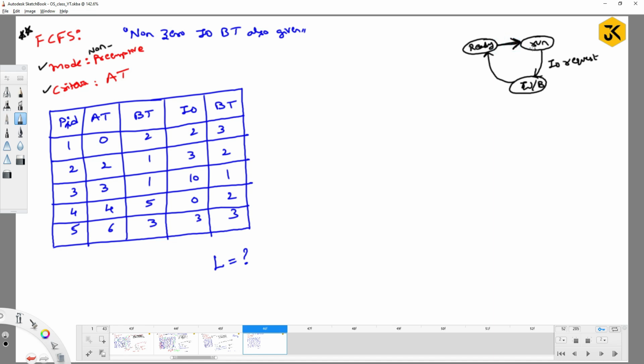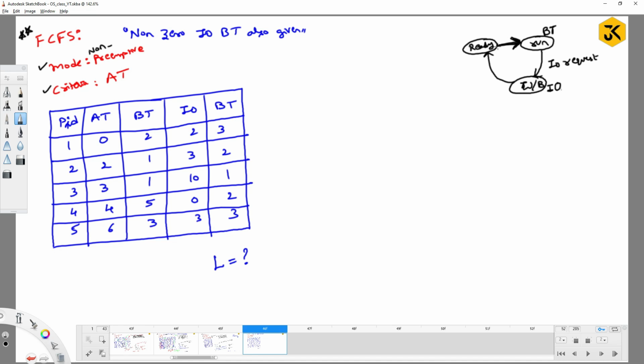So once it got a chance to run, that is what we call burst time. Then after requesting for IO, it is in the block state, that is what we call IO time, and then again it will enter into the ready state. Later it will again enter into the burst mode, which we can call the running state.